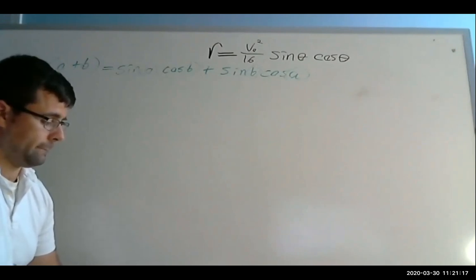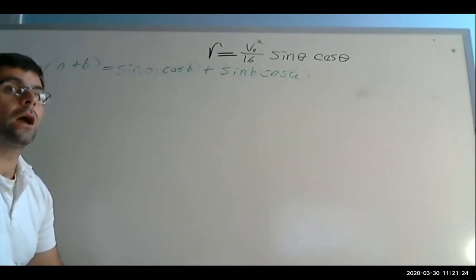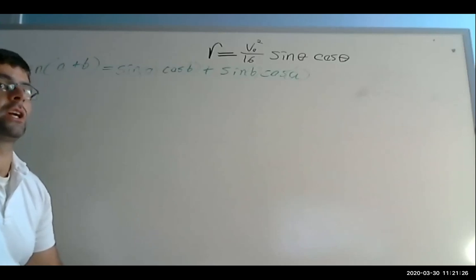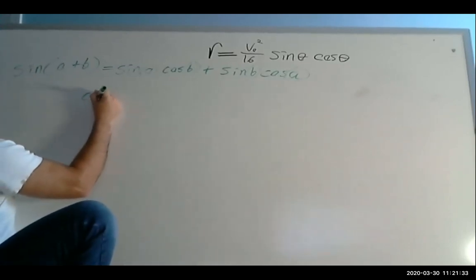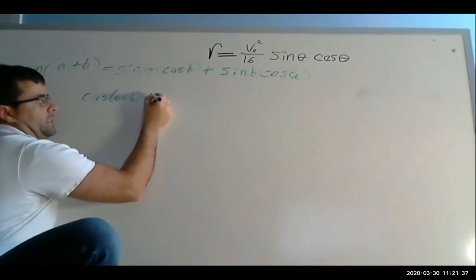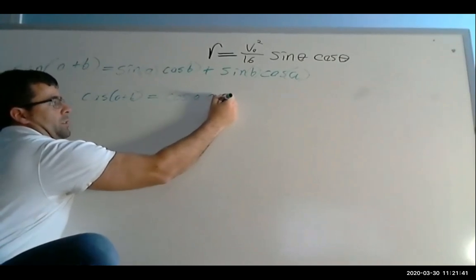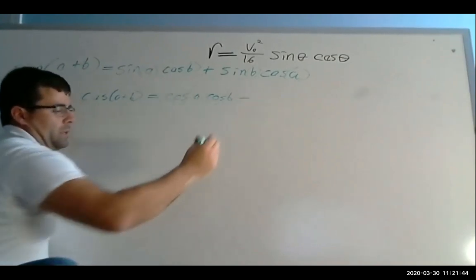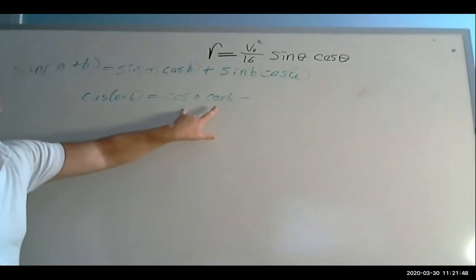Or you can use cosine A plus B, the other one. You can't use the cosine one because cosine A plus B is cos A cos B minus sine A sine B. So this one has cosines together.